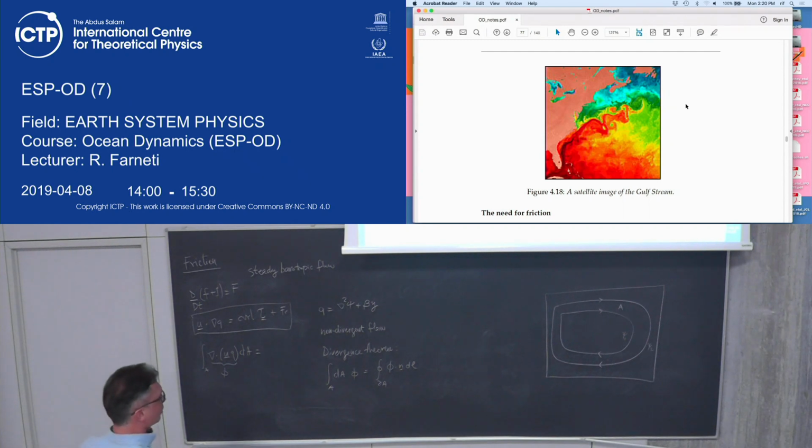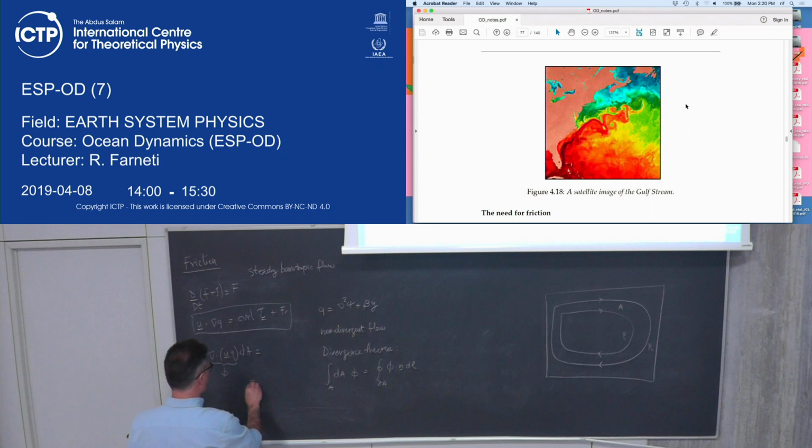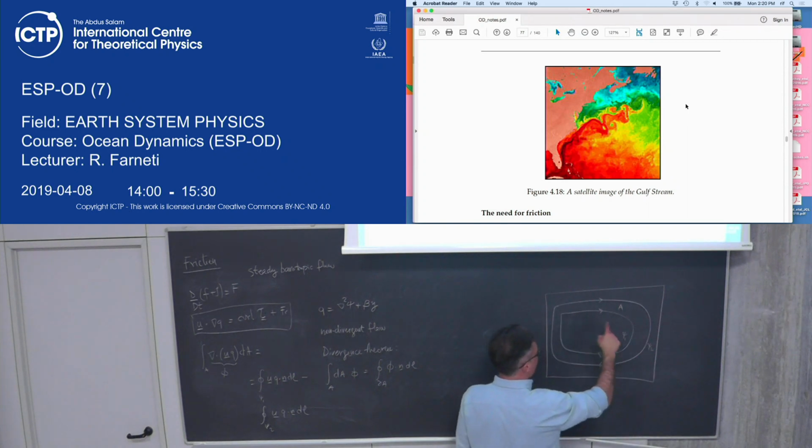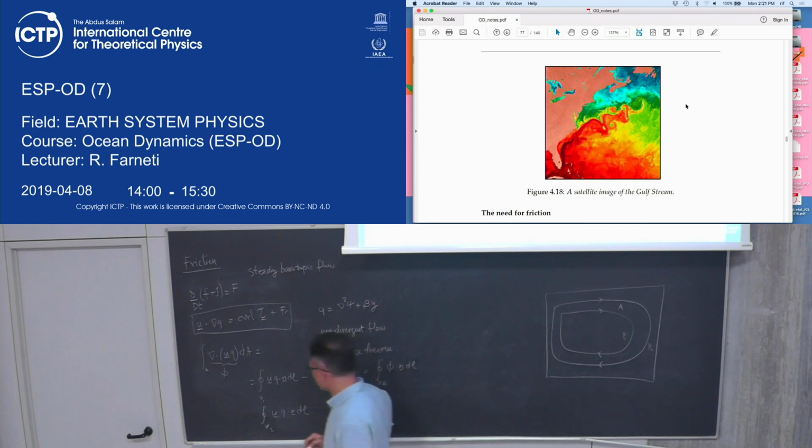So if you use the two-dimensional divergence theorem, what you get to is psi 1 minus psi 2, it's just the line integral bounding the surface A, which is bounded by psi 1 and psi 2.